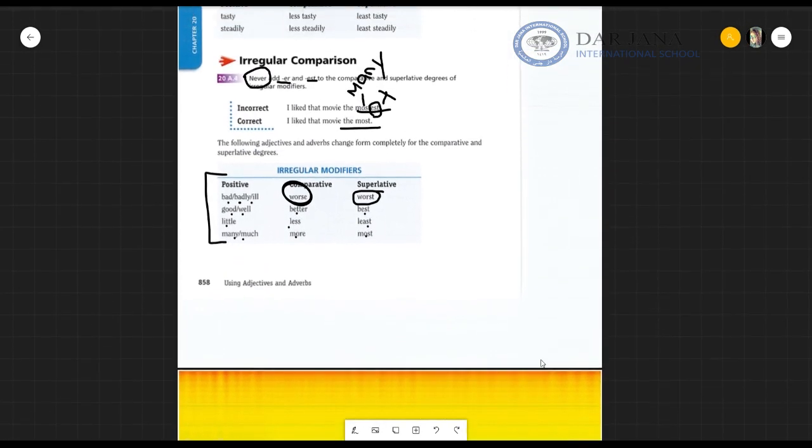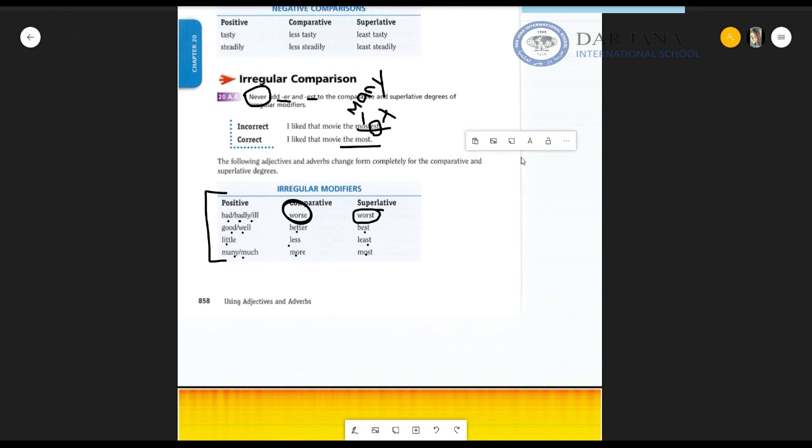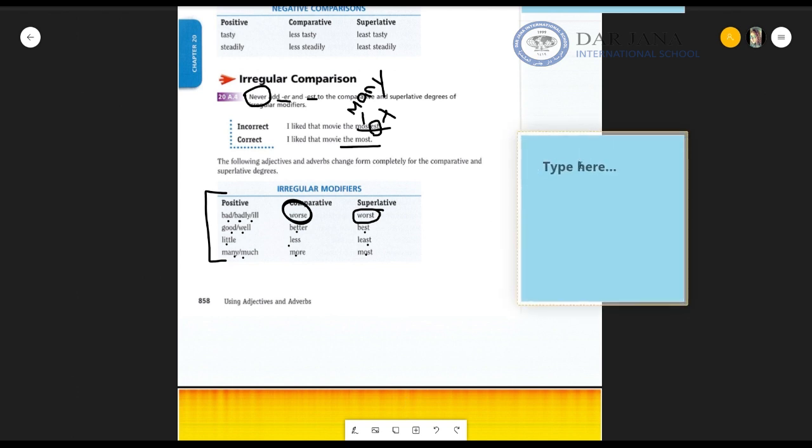Before I move on, let's add an example to test our knowledge. So if I say the chef's old recipe is good, but I think I like the new one blank.